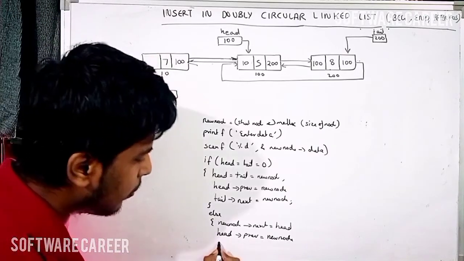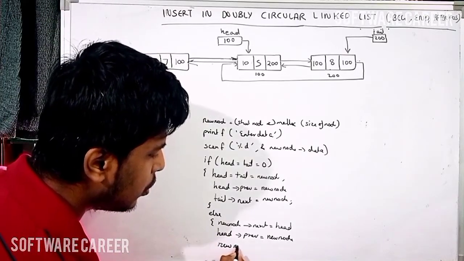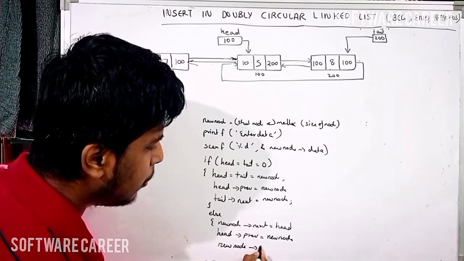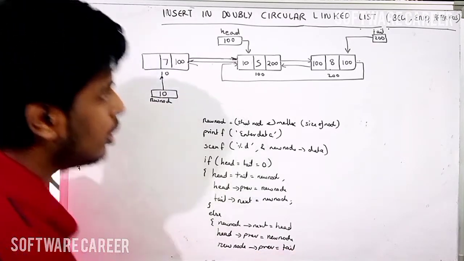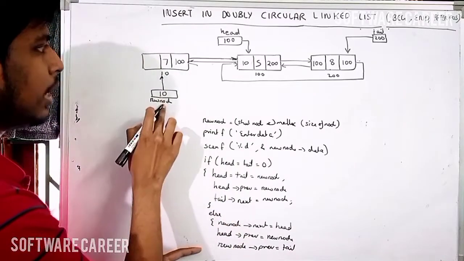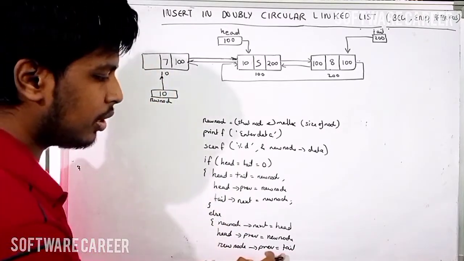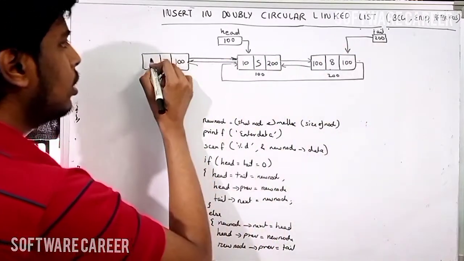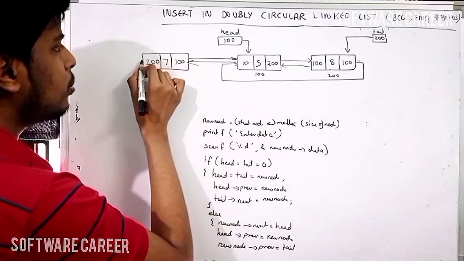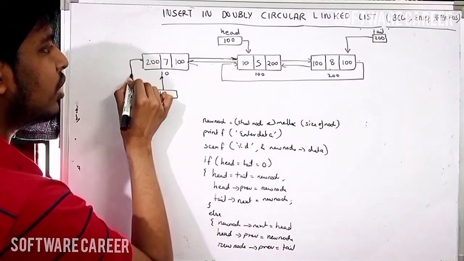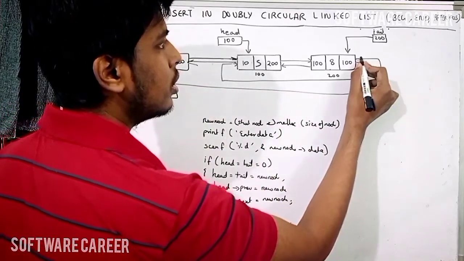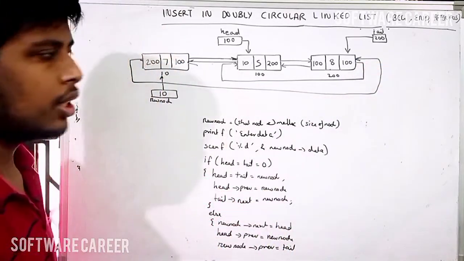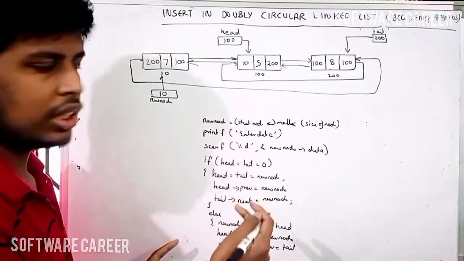So here, I am writing new node previous equals to tail. Now new node previous is 10's previous. In this pointer I am storing the address of tail, that is 200. So this pointer is pointing to the node which is having address 200. So like this, I have created one circular link. Now I should create another circular link.